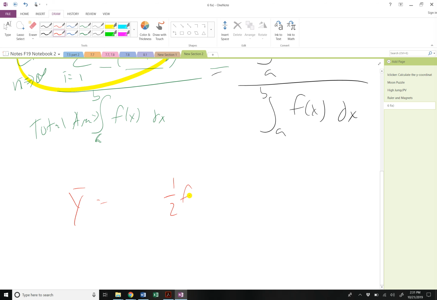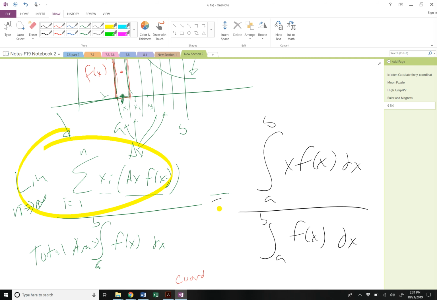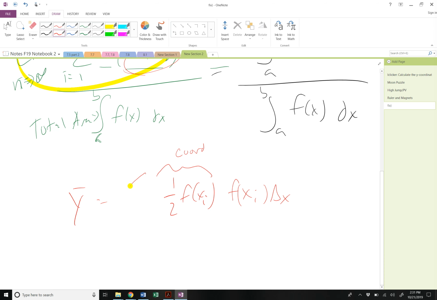So we have 1/2 f of xi, but we have to multiply that. That's our coordinate. We have to multiply that by what? The area, which is the same thing we did here, multiply by the area and the coordinate, and then add those all up together. And then divide by the area.